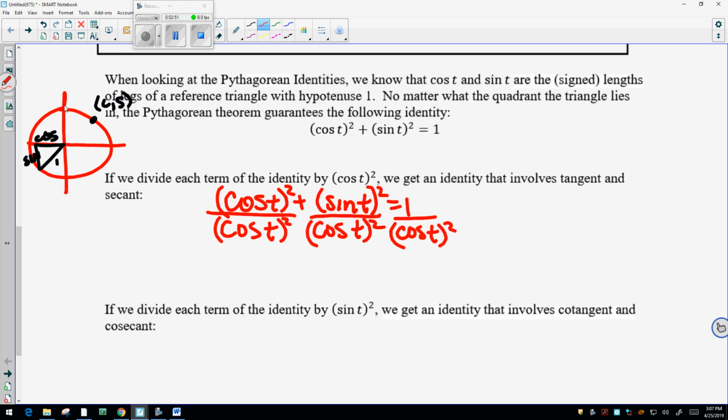And then we reduce. So cosine squared divided by cosine squared gives us 1. Sine squared divided by cosine squared gives us tangent squared. And then 1 divided by cosine squared, that's a reciprocal identity, that's going to give us secant squared. So what we just did is produced a new Pythagorean identity.